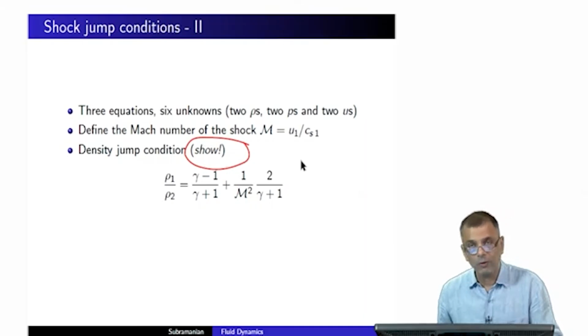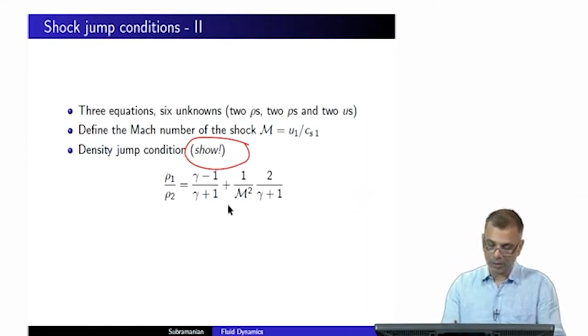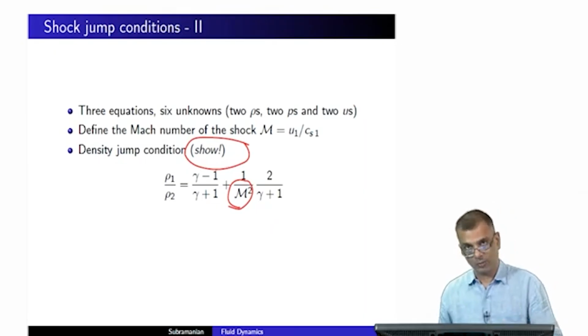So as far as the fluid is concerned, what is the quantity that characterizes the fluid flow? There's only one quantity, and that is the Mach number. It's the only thing that appears in the jump condition, and it is inversely proportional to the Mach number. So the larger the Mach number, the smaller the density jump, right?